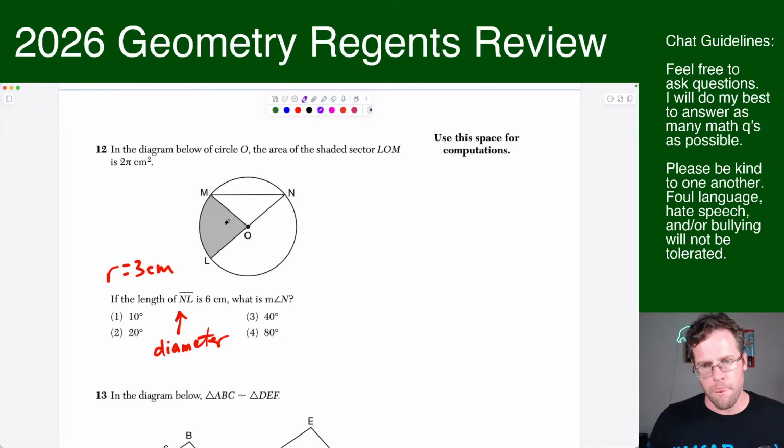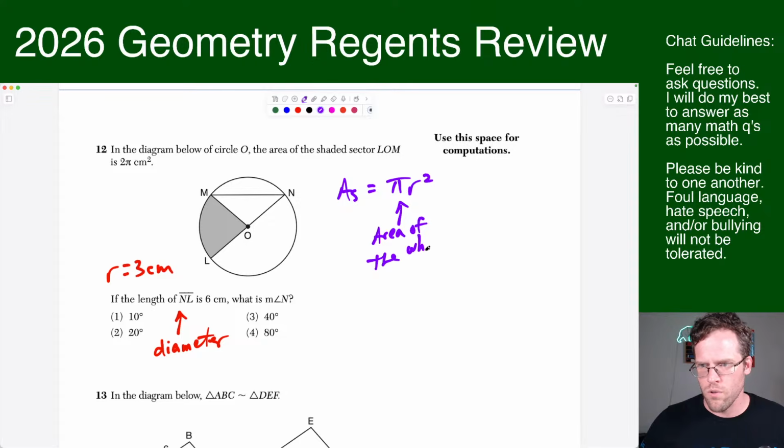Oh, this is a good question. Definitely a hard question. So remember, the area of a sector is pi r squared, which is the area of the whole circle, and then we just multiply it by whatever this angle theta is, over 360 degrees.